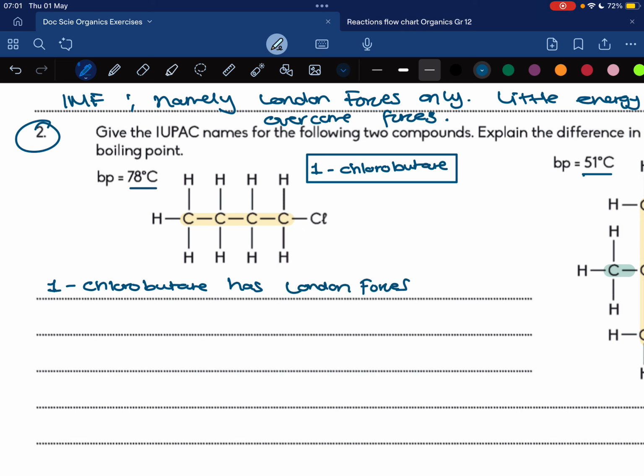Then if we look at 2-chloromethylpropane, it also has London forces and dipole-dipole forces.